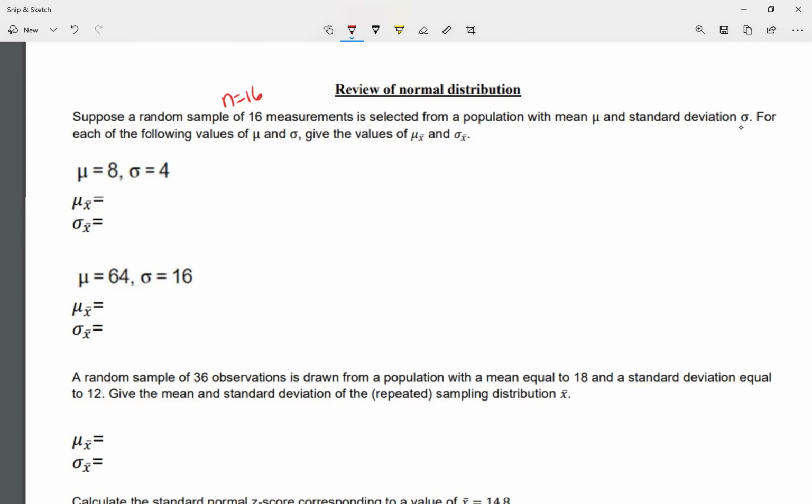My sample. Now, for each of the following values of mu and sigma, give the values of mu of the sample and sigma of the sample. Okay, so this little x with the little bar on the top, that's basically of the sample.